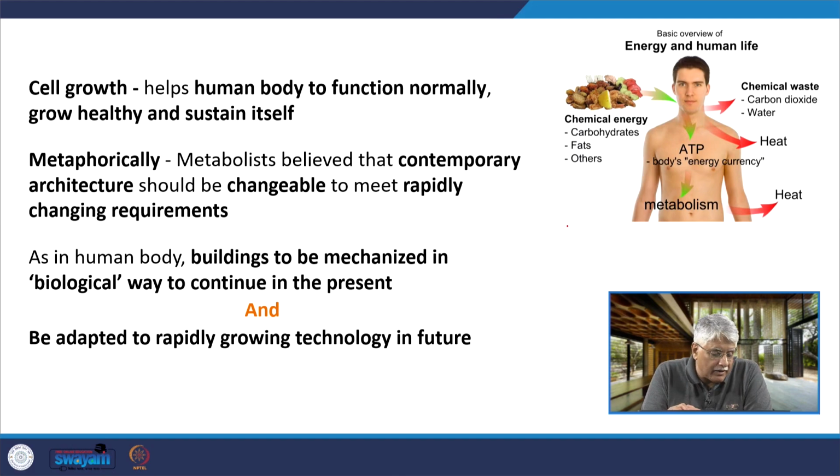So metaphorically, the metabolists believed that contemporary architecture should be changeable to meet rapidly changing requirements. As in the human body, buildings are to be mechanized in a biological way so that they can continue in the present and be adapted to rapidly growing technology in the future. So buildings will adapt with the changing times and changing technology.